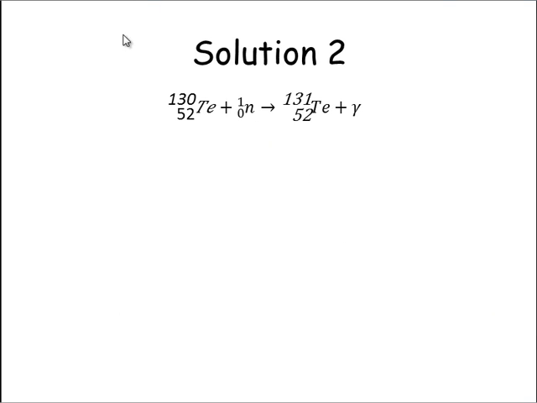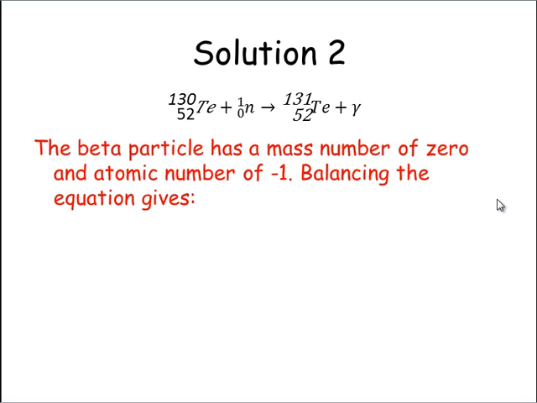So let's start by putting the information in. We've got iodine-130 with atomic number 53, plus a neutron, so no charge, but it's going to add to the mass. So we're not going to change the number of protons, but we will increase the mass, giving a different isotope, plus the gamma radiation being given off.